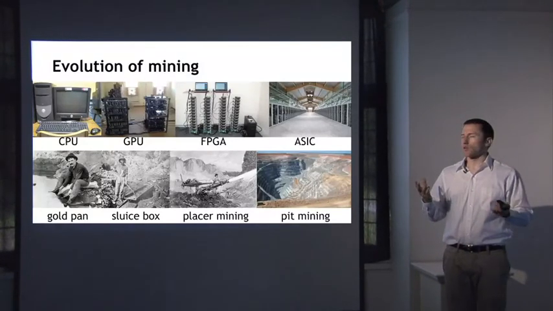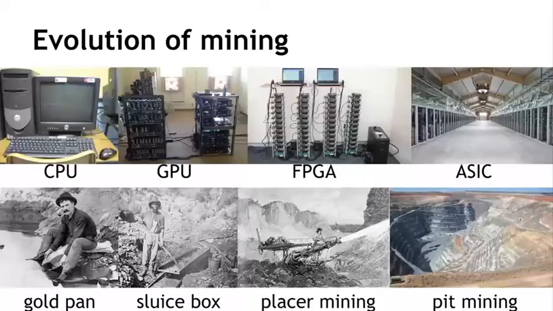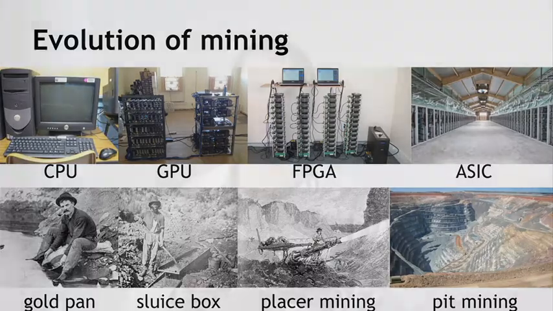So if we zoom out a little bit and think about the evolution of mining, we can see really interesting parallels between Bitcoin mining and gold mining, or really any other kind of mining, but especially gold mining, because it's led to the same kind of gold rush mentality when initially a lot of young amateur folks wanted to get into the business.